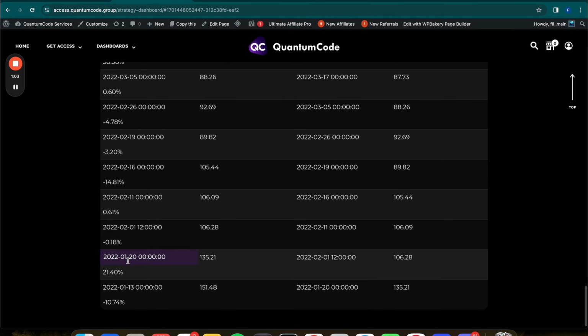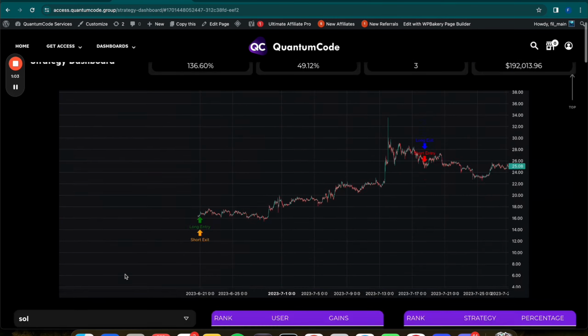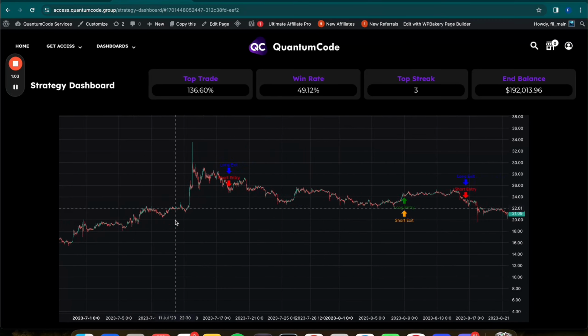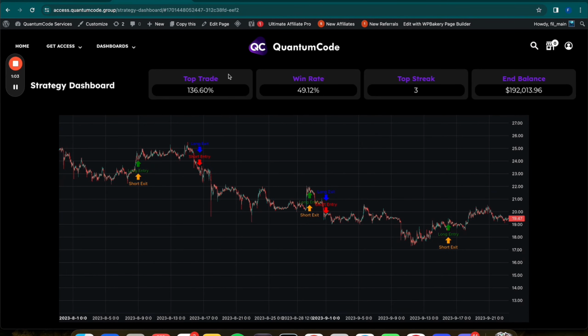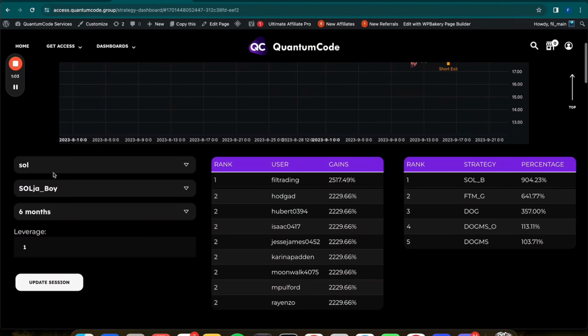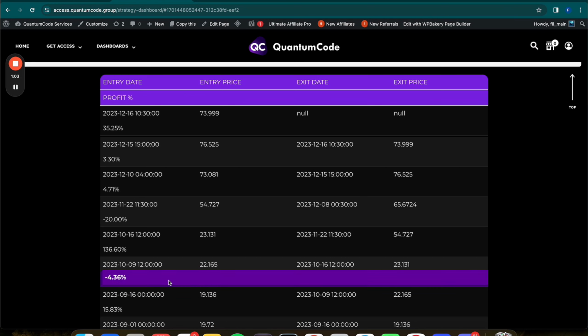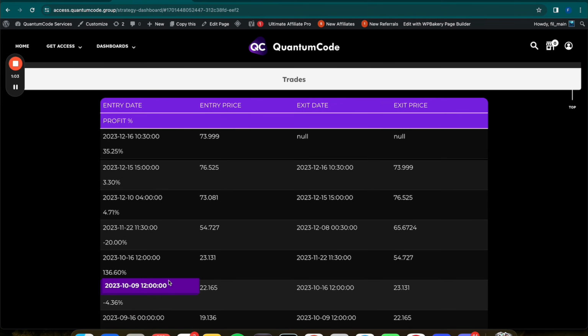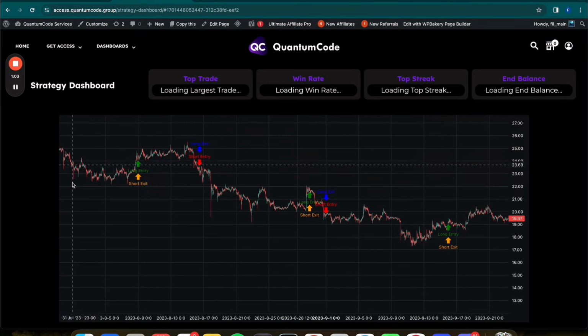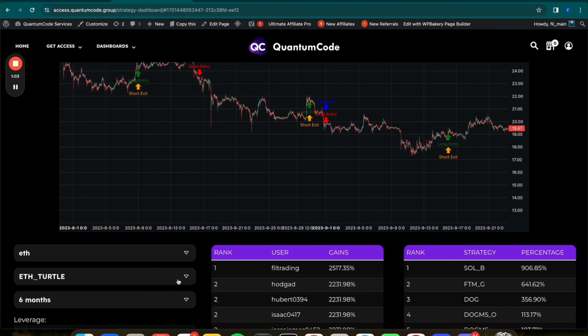So what this means is that it's a very consistent strategy, but very aggressive, as opposed to a strategy that's more consistent, like ETH Turtle, but that one has smaller wins with better consistency. So that's how we look at the strategies themselves.